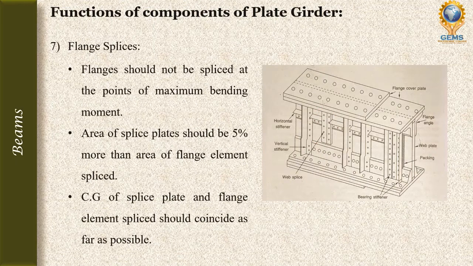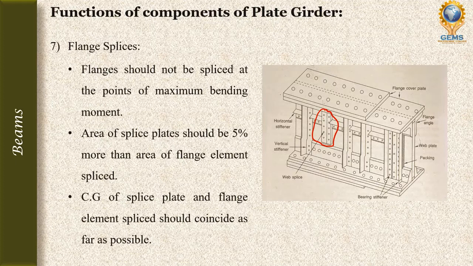The final component is flange splices. As with the web splices, we will provide them in the flange also. The flanges should be spliced at the point of maximum bending moment. The area of the splice plate should be 5% more than the area of the flange element spliced.